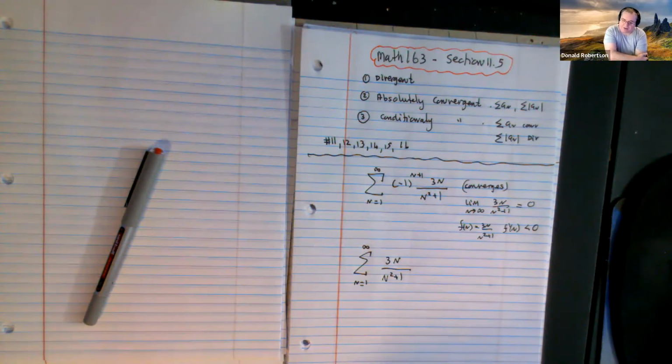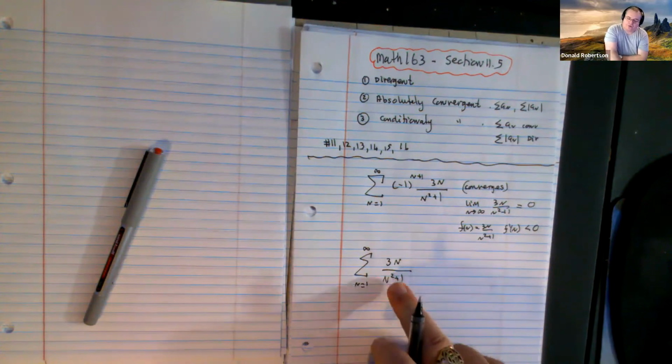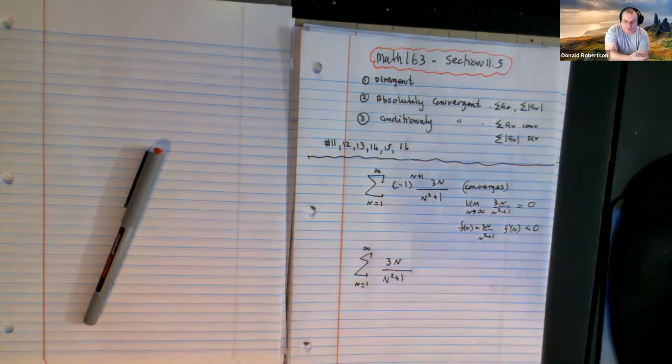Now, proving that that converges or proving that that diverges, because it could do one or the other, right, is where we are right now. But that's not necessarily as simple as it seems, because there are a number of different tests that we know about that we could use to prove what we're interested in.